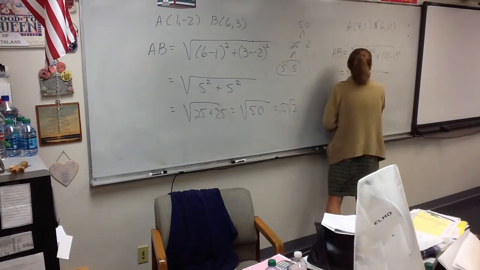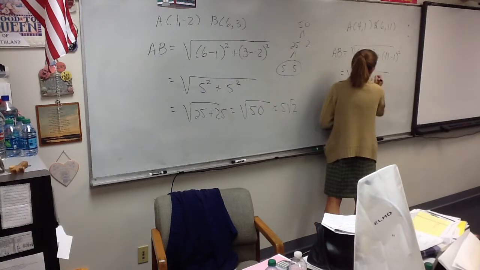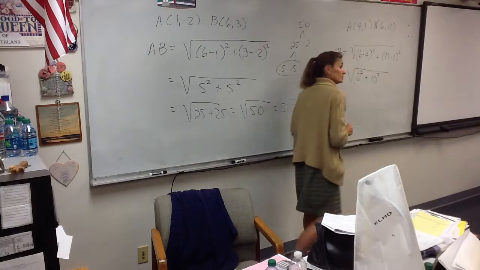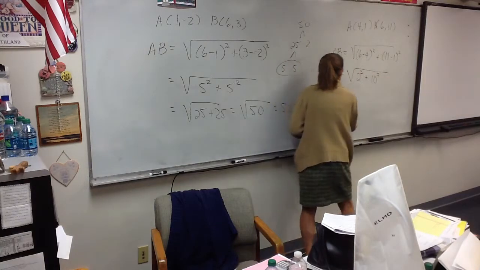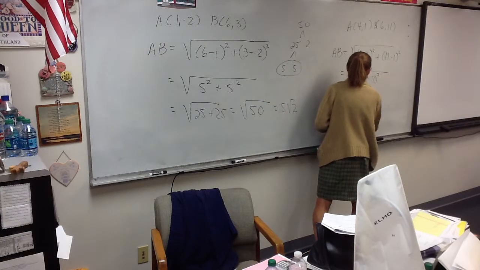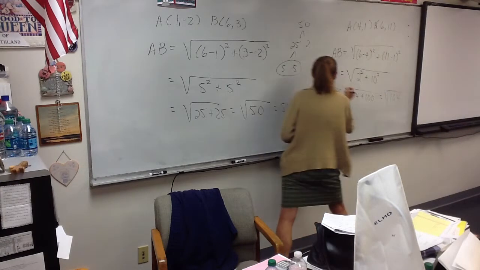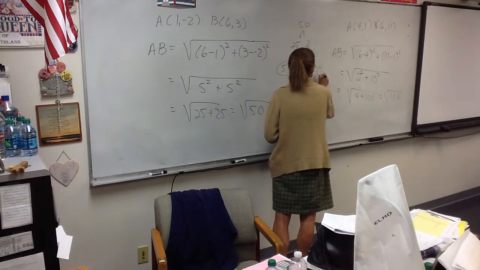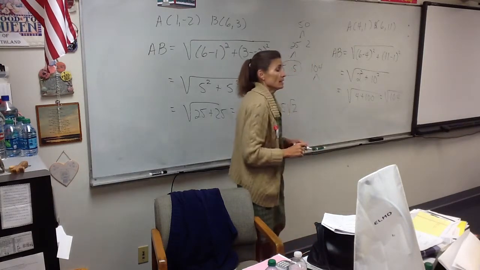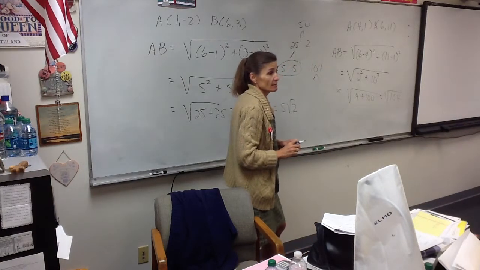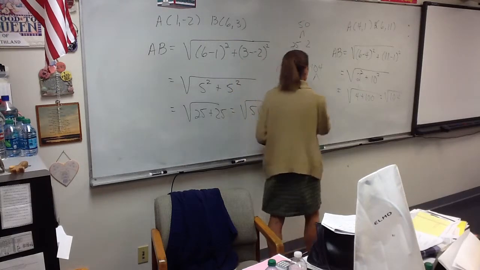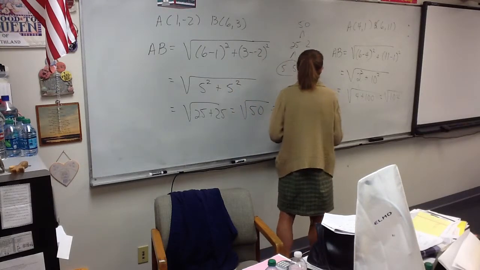So we've got 2 squared and 10 squared. So 104. Yeah, that's the square root of 104. I have no idea, so I'm going to break it down. And with big numbers like this, I just start with 2. So it's 2 times 52.